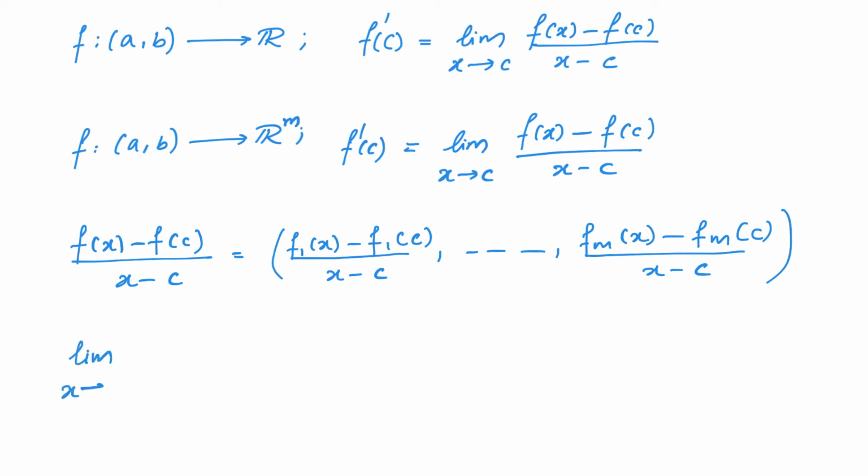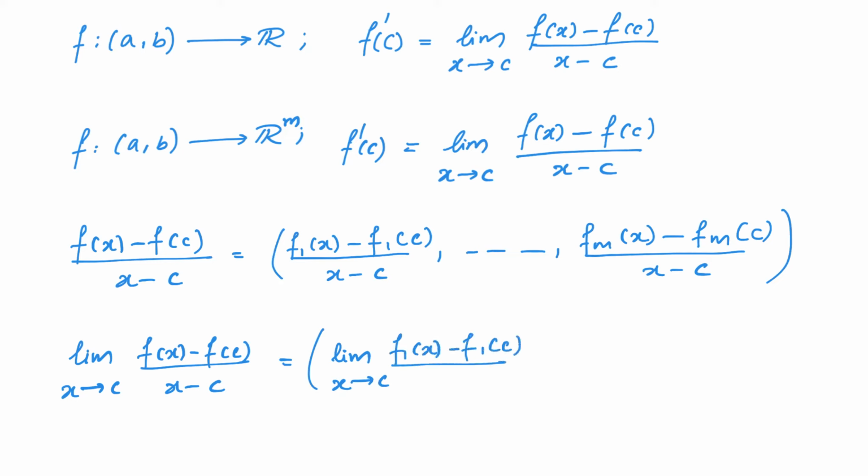Therefore, the limit as x tends to c of f of x minus f of c by x minus c is equal to the limit as x tends to c of f1 of x minus f1 of c by x minus c, comma the limit as x tends to c of f2 of x minus f2 of c by x minus c, and so on up to the limit as x tends to c of fm of x minus fm of c by x minus c.